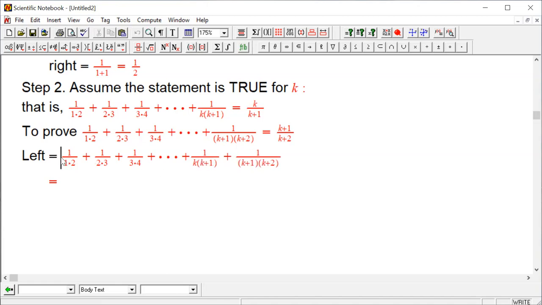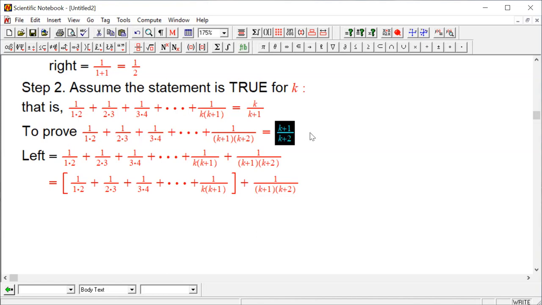Then we can regroup the first k terms and apply the assumed truth. The assumed right-hand side is going to be k plus 1 over k plus 2. So the assumed right-hand side has replaced the left-hand side, which they're assumed to be equal.